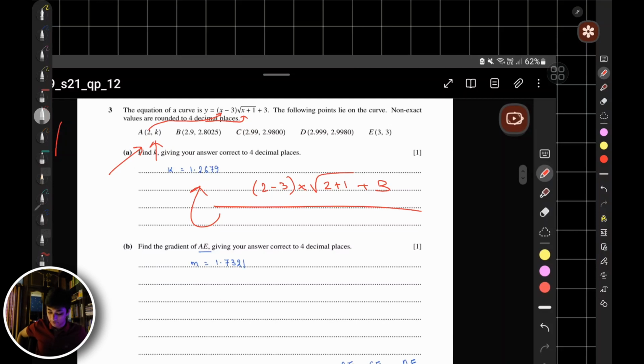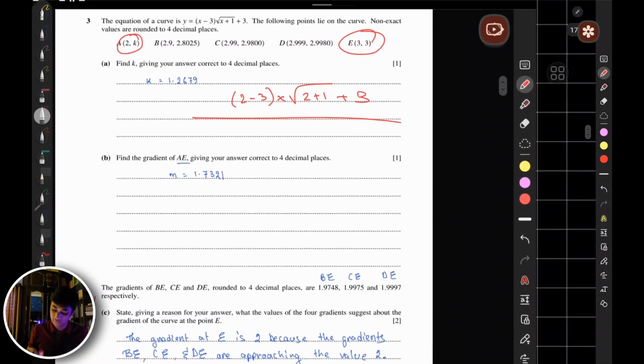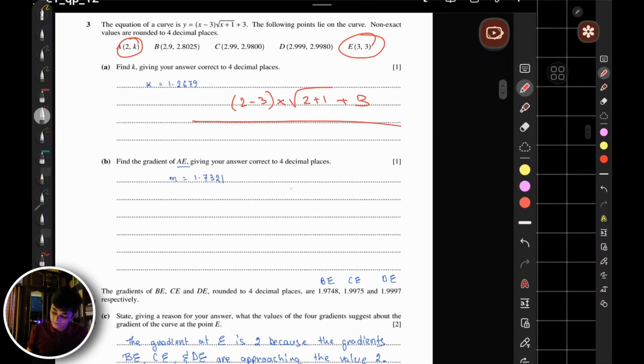Okay, fairly simple. Question B, find the gradient of AE, giving your answer correct to 4 decimal places. You know the coordinates of A, and you know the coordinates of E. So find the gradient, very simple. 3 minus k, which is 1.2679, divided by 3 minus 2, which is basically 1.